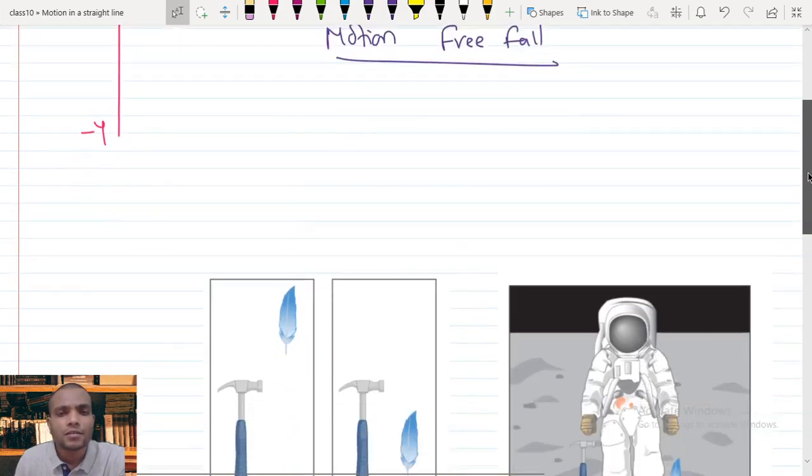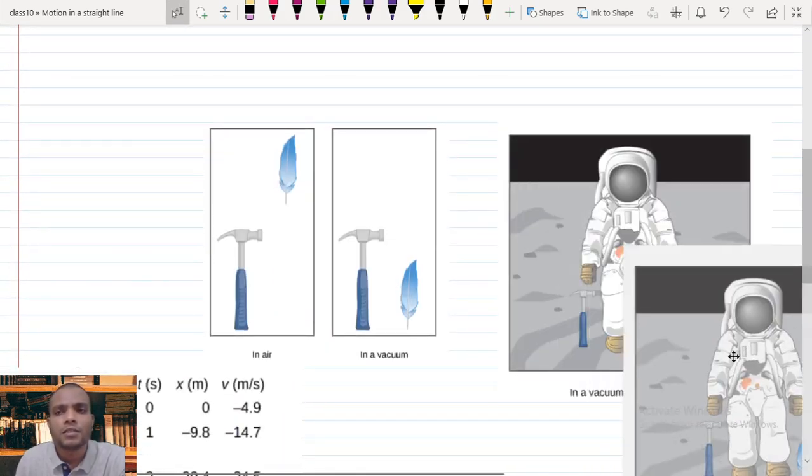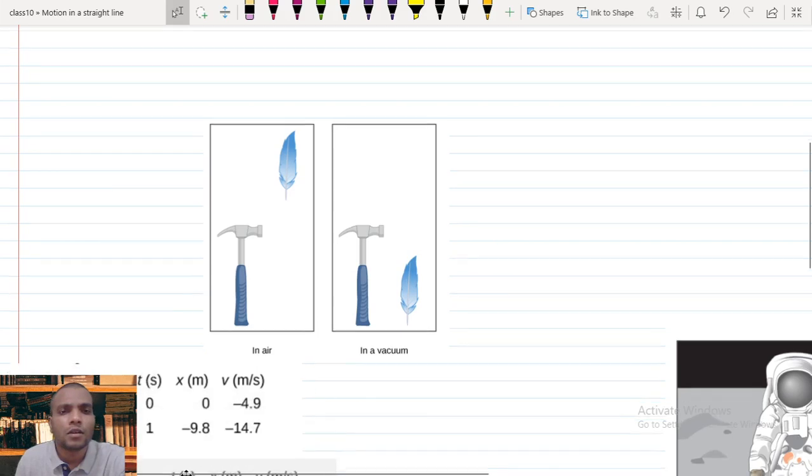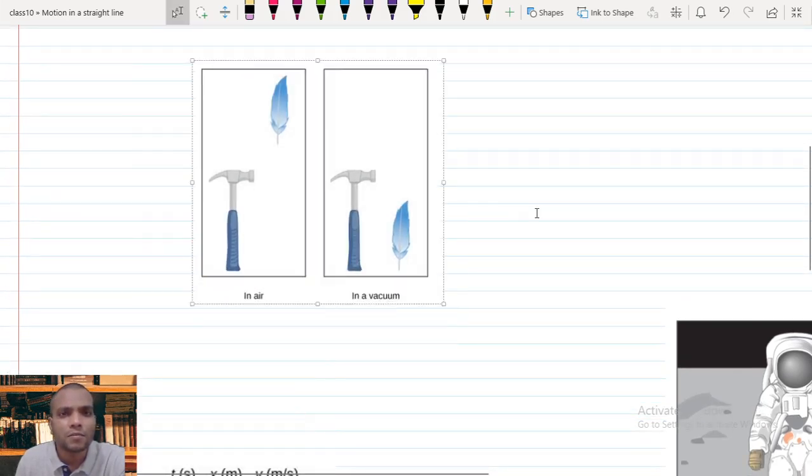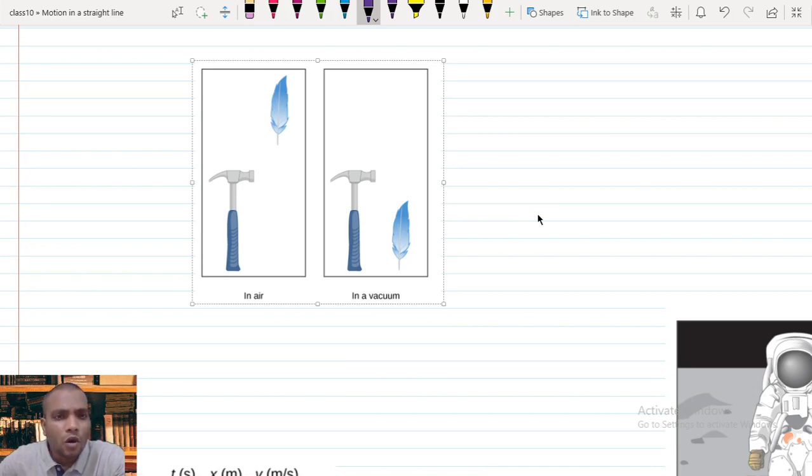We know that in the presence of air, if you drop a hammer and a feather, the air opposes with air resistance, so the feather will fall later than the hammer.